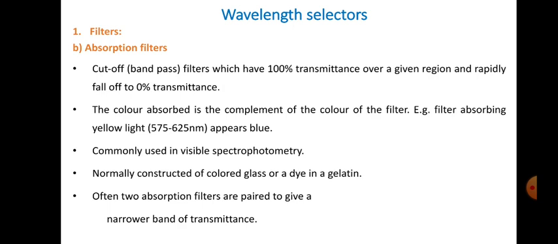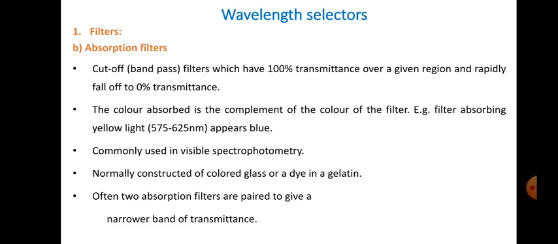Now, next is the absorption filters. These are the filters which have 100% transmittance over a given range and rapidly fall off to 0% transmittance. The color absorbed is the complement of the color of the filter. A filter absorbing yellow light, which is from 575 to 625 nanometer, will appear as blue.